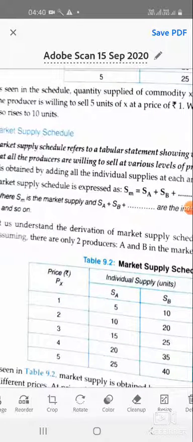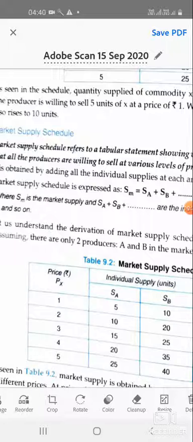If you represent the individual supply schedule on the graph, it will represent the individual supply curve, and if the market supply schedule is plotted on the graph, then it derives the market supply curve.